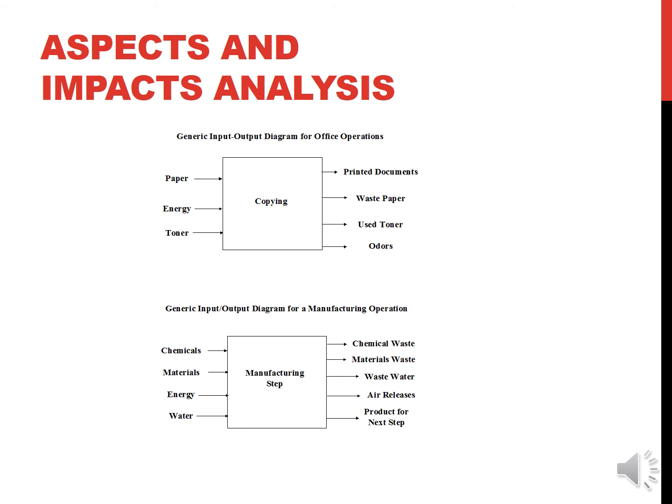Because this gets you a long way towards understanding the aspects of every particular process. And so you can see from the inputs and outputs where the aspects arise and what they are. And you can probably combine several outputs to one aspect of a particular process.